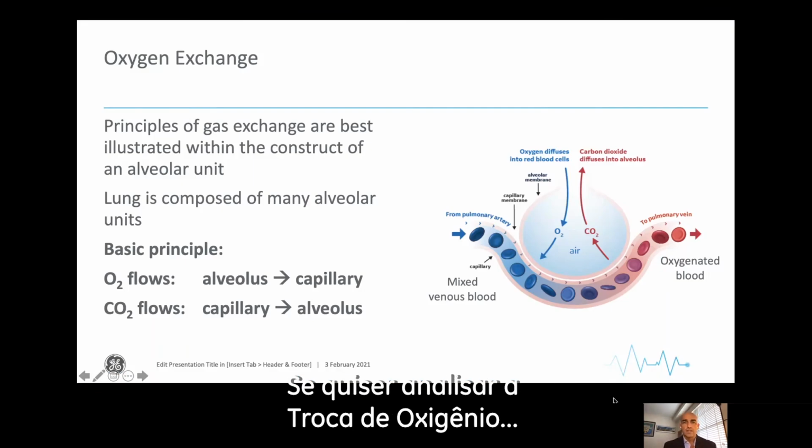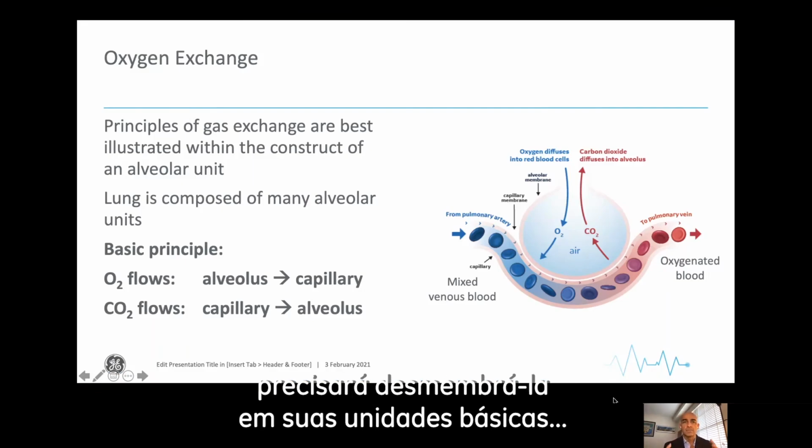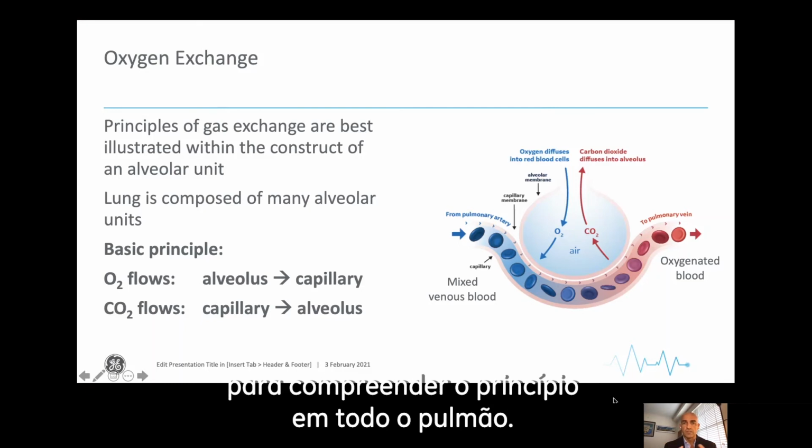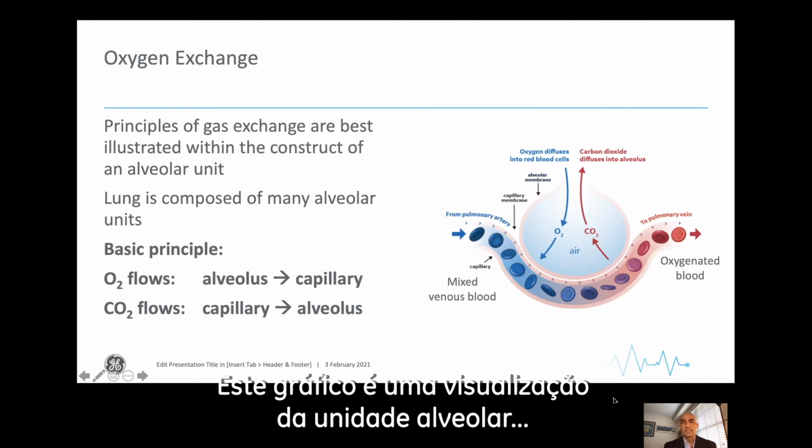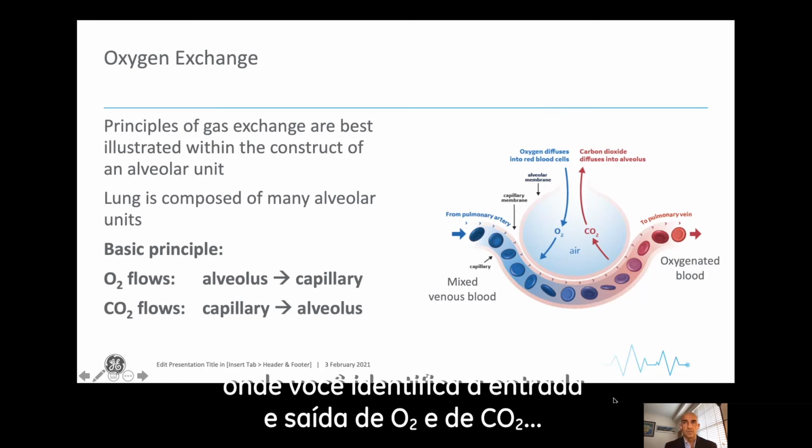So if you want to break down oxygen exchange, it needs to be broken down into the most basic unit to understand the principle across the entire lung. And the easiest way to do that is to describe the alveolar unit. The graphic to your right provides a visualization of the alveolar unit where you have the ability to identify the inflow and outflow of both oxygen and CO2.